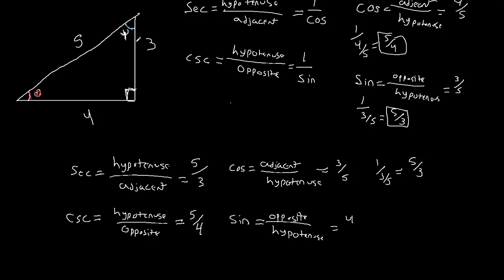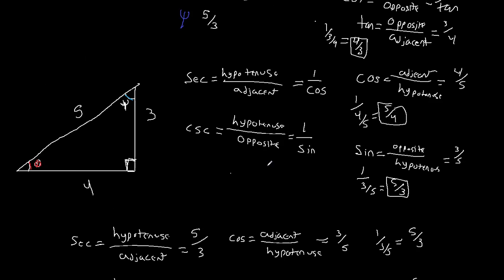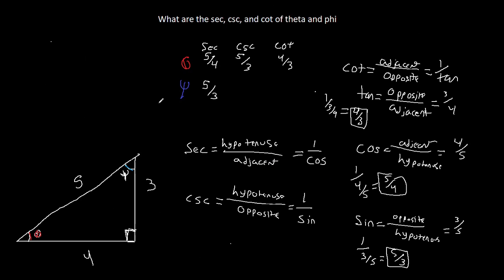We're still looking at the side that does not touch phi. And the hypotenuse is still 5, because that's the side that's opposite the 90-degree angle. And then if we do 1 over 4/5, that is the same as saying 5/4. So we get the same answer in both cases, and we can add cosecant of phi to our table up here.